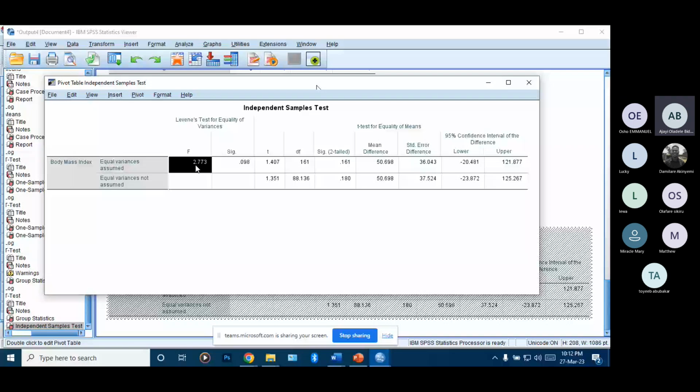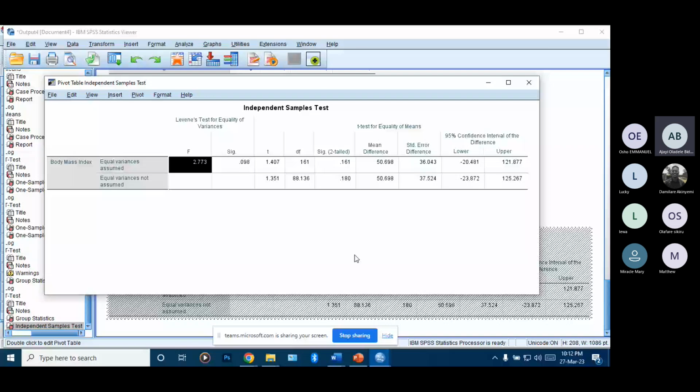The hypothesis for Levene's test is that sigma square 1 is equal to sigma square 2, and the alternative hypothesis is that sigma square 1 is not equal to sigma square 2. The decision is that we reject H naught if the p-value is less than alpha. I'm talking about Levene's test now.